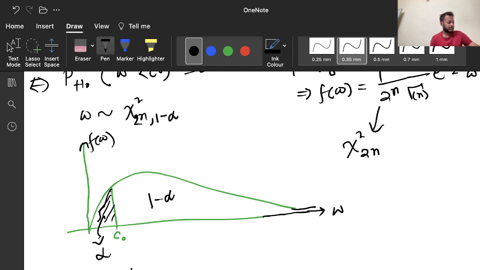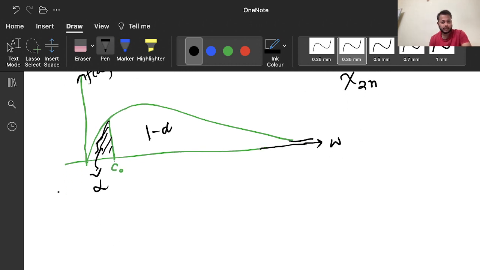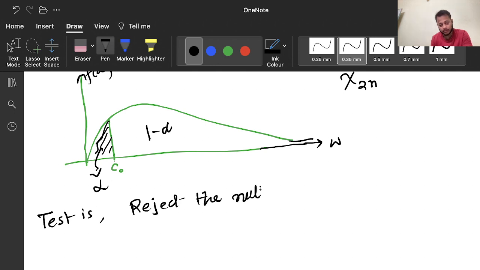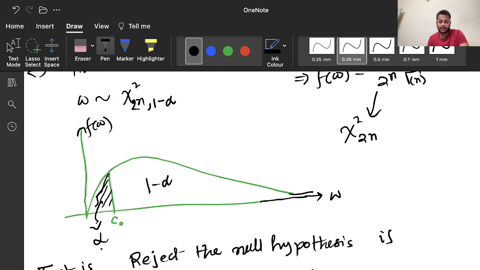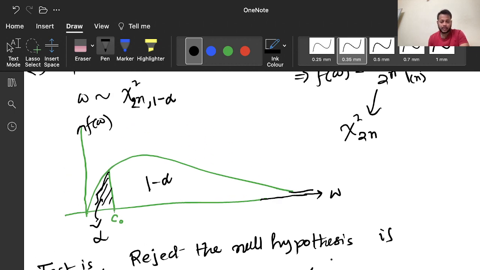So the test is: reject the null hypothesis if 2 summation of xi is less than or equal to the chi-square 2n, 1 minus alpha point. Since this is a continuous random variable, the equality sign doesn't matter here.